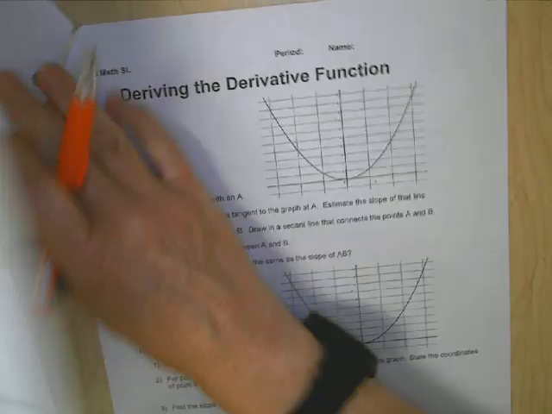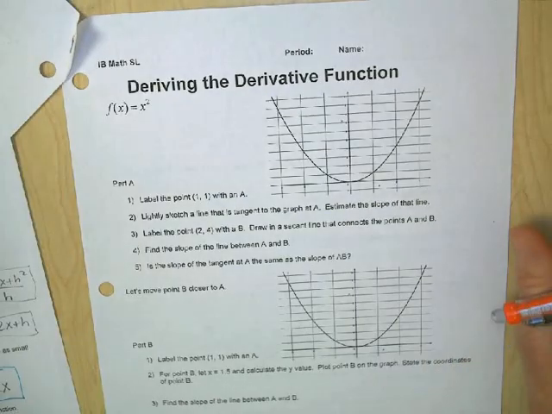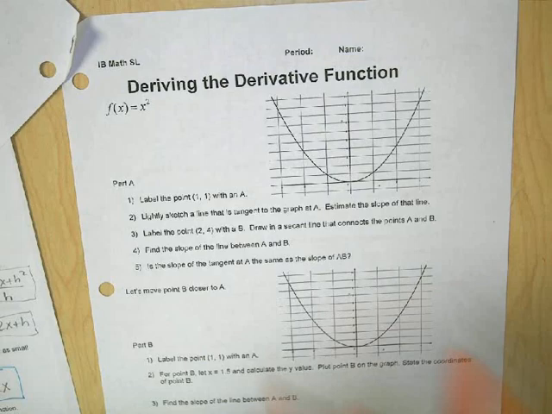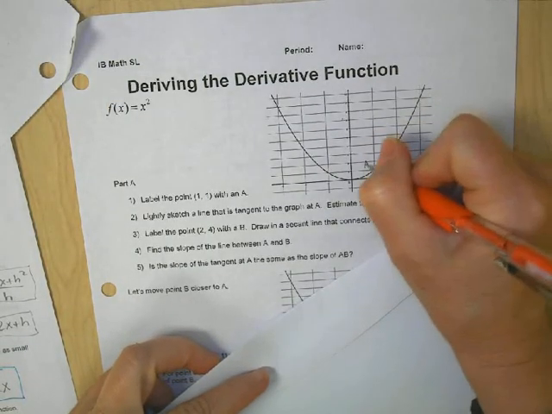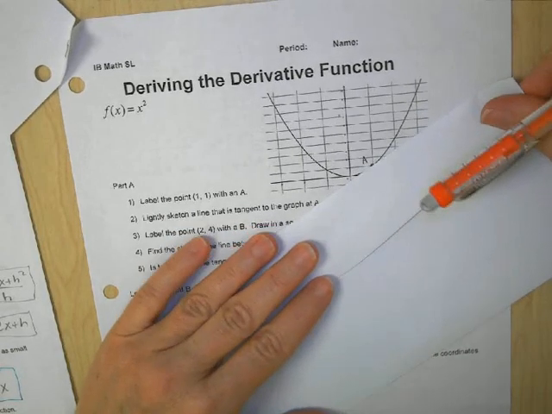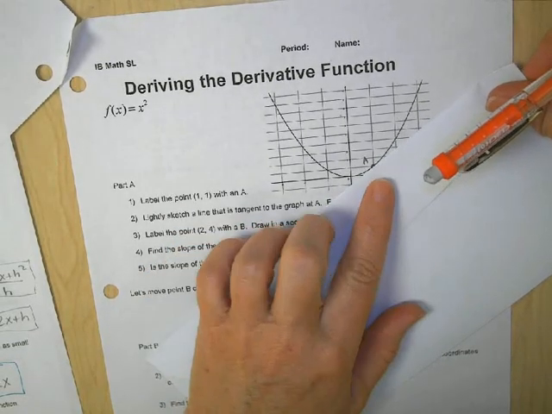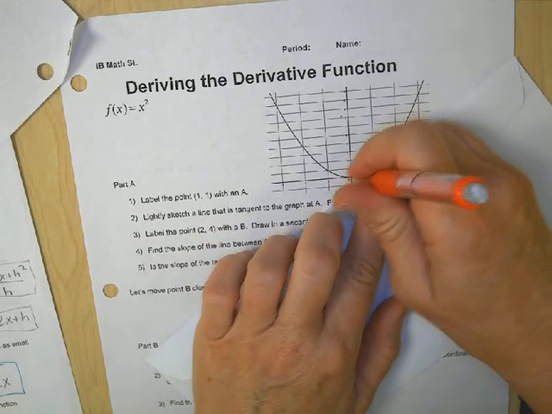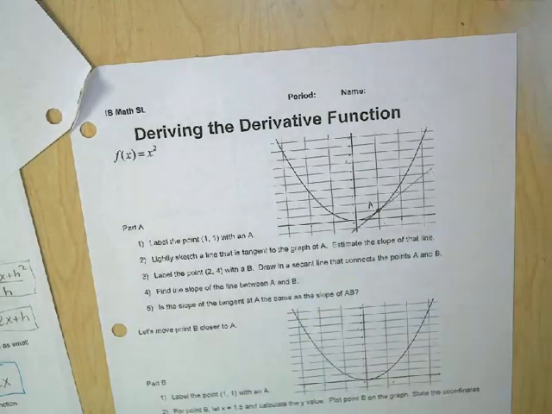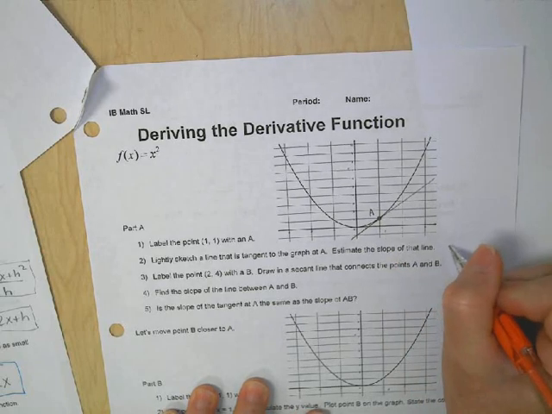So at point A, if I were to draw in, and of course now I've misplaced my straight edge, so let's use this. Here's point A, and if I was to find the tangent, I would want this to just touch at point A, not go through any other points, but only at that point. So I can draw that in, and if I estimate the slope of that line that is tangent at point A, that would have a slope of 2.